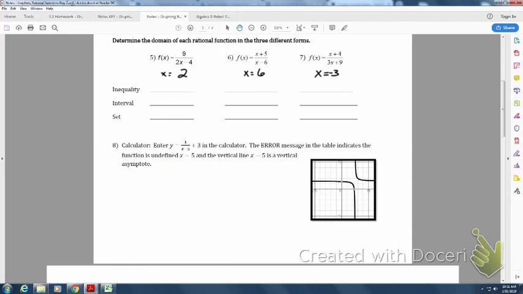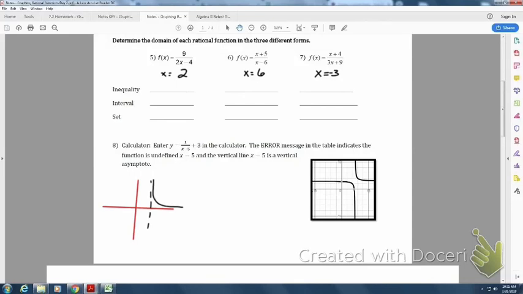So to write the domain, whenever you have these graphs, and don't write this down here, we'll have to write something else, let's say my vertical asymptote is at 3, and then let's say just my horizontal is at 0.